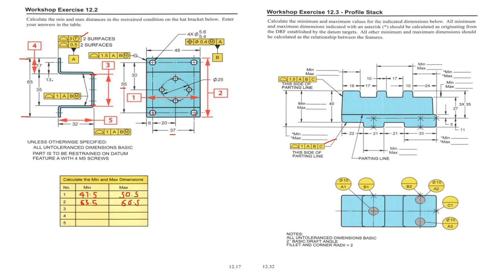So for this third number, it's 35, and the minimum value is 35 minus 1 for both sides. So the minimum is 34, and the maximum is 35 plus 1, which is 36.